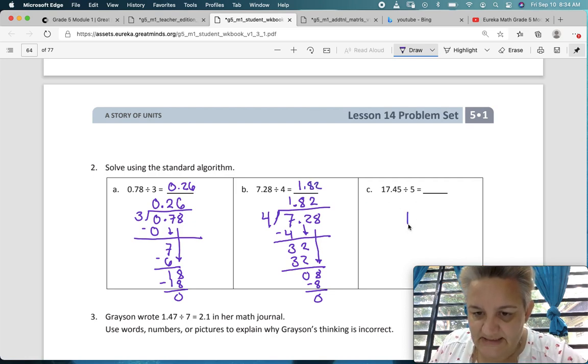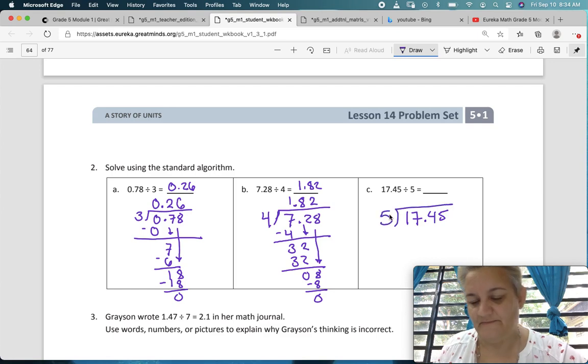Okay, next one. 17 and 45 hundredths divided by 5. Okay, is the 5 going to go into the tens place? No, it is not. Okay, so 5 times 0 is 0.